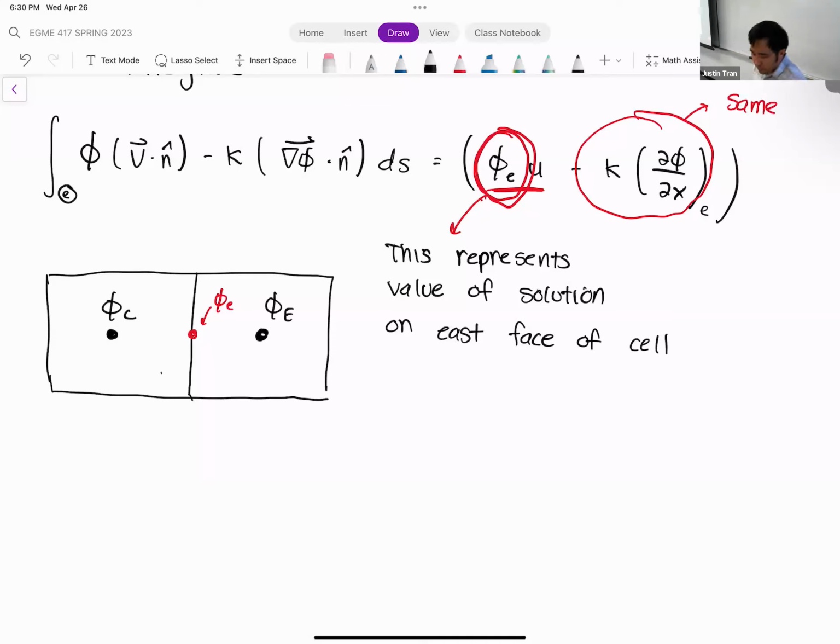And so what we usually do, and what we've done up to this point, is we use a central averaging between those two cells.